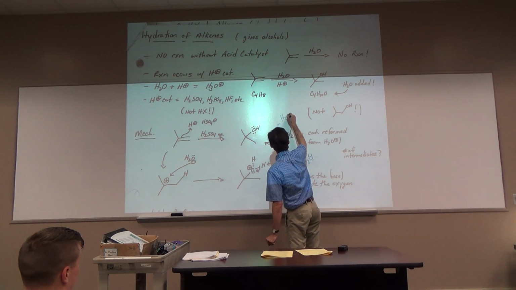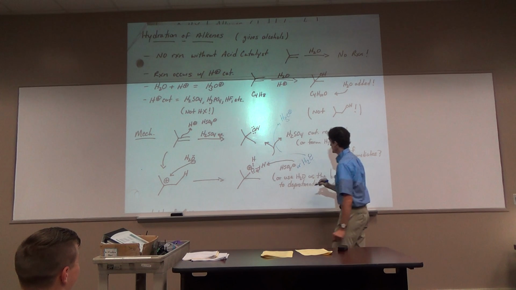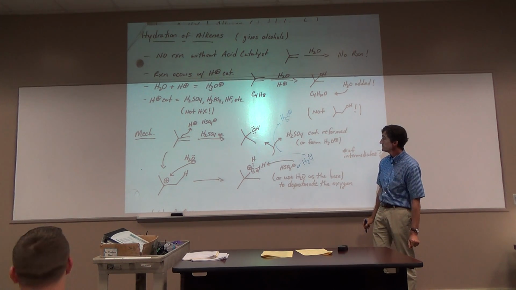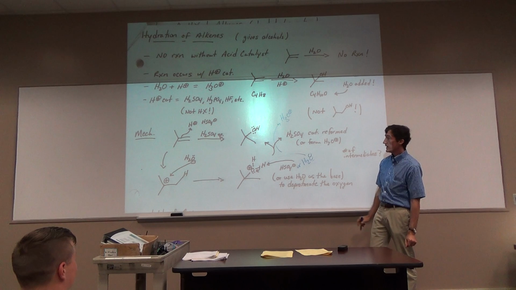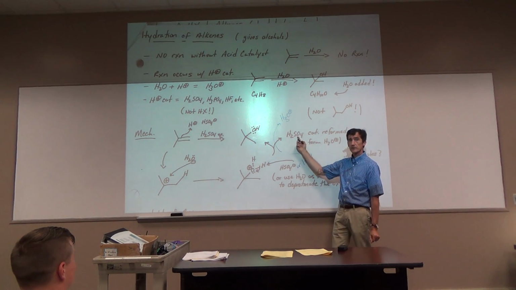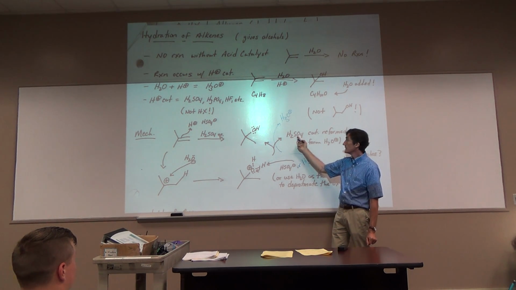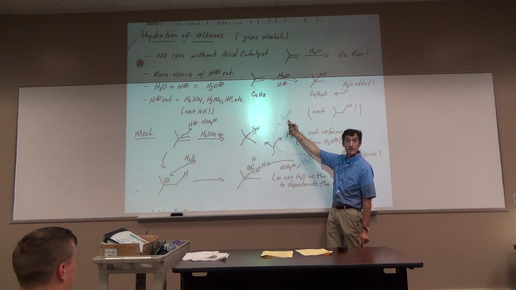H3O plus. I thought that was super easy. H3O plus, right? Okay. Well, guess what? How does aqueous sulfuric acid actually exist? That's how aqueous sulfuric acid actually exists, right?